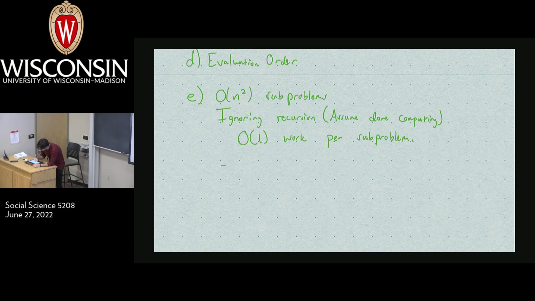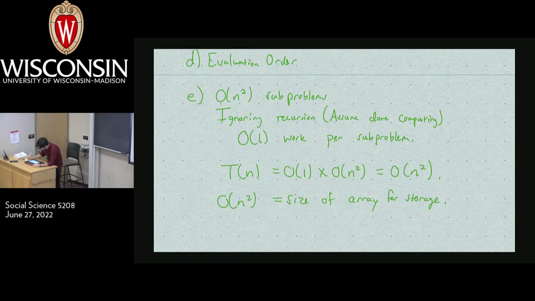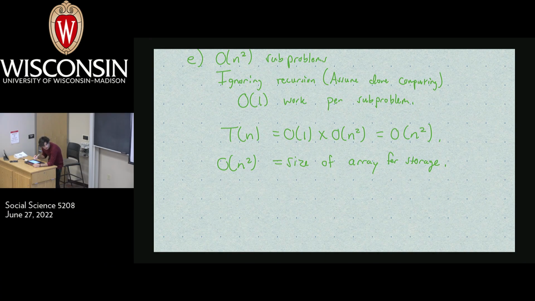So the total runtime is O of 1 times O of n squared, which is O of n squared. The space complexity is O of n squared. That's just the size of your array. Okay? Any questions on that?